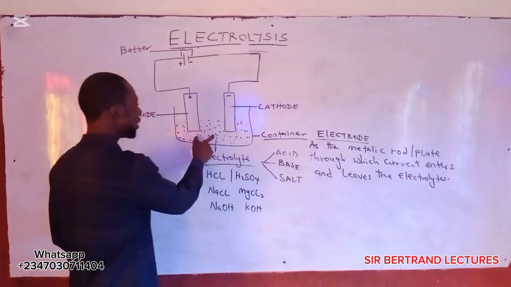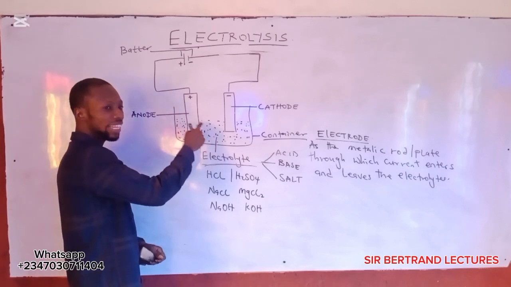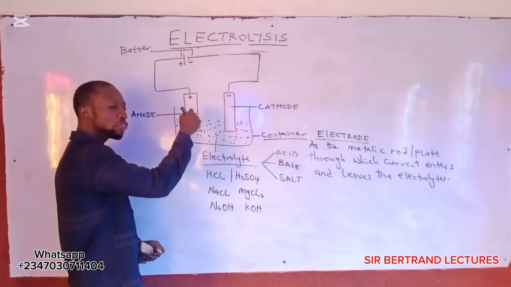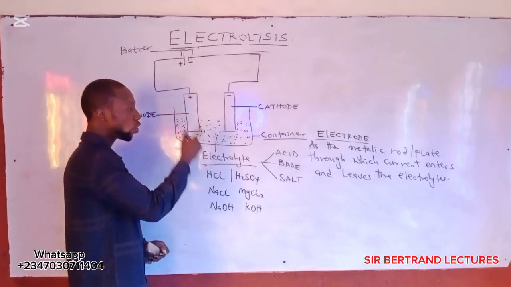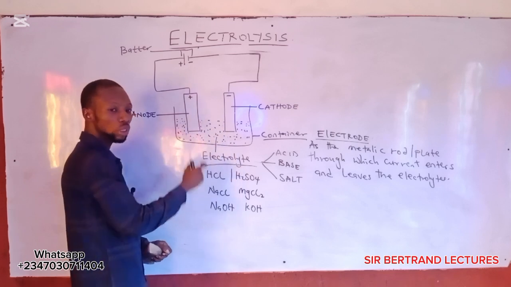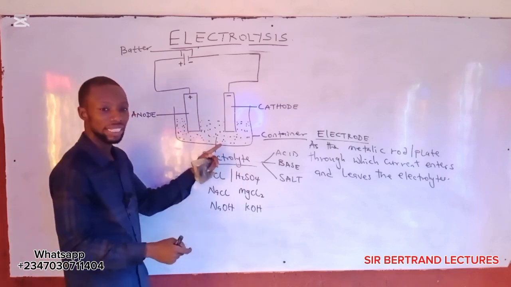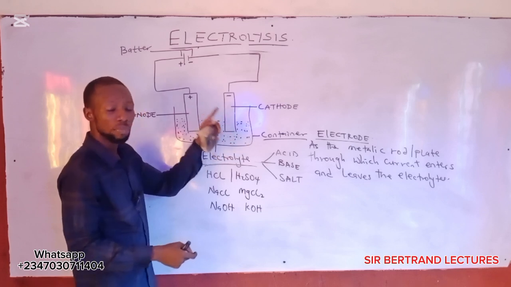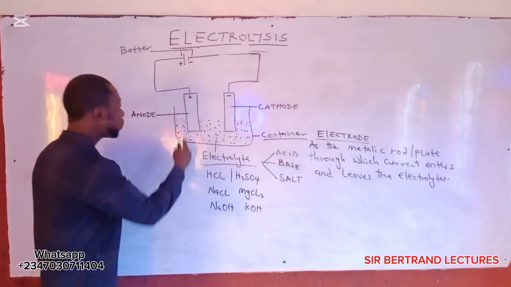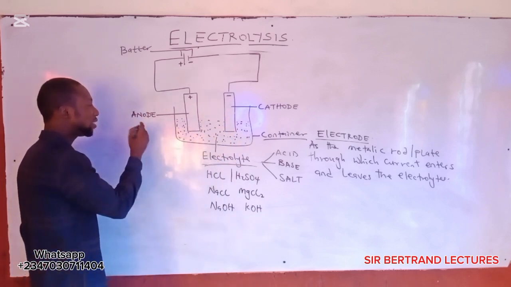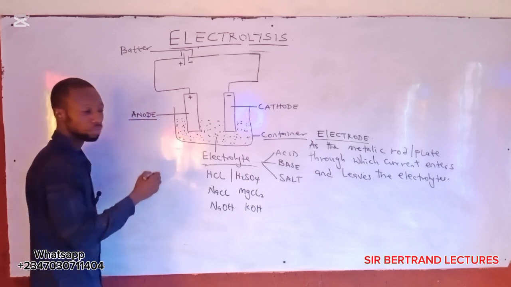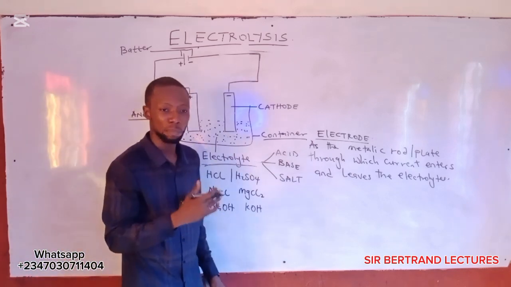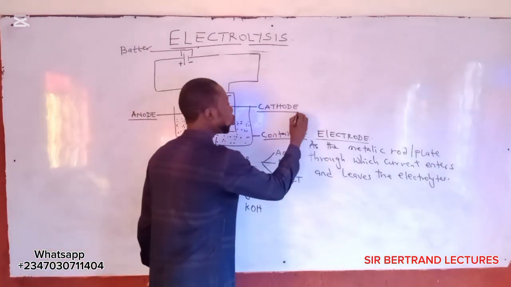Here is the electrolyte. Current enters the electrolyte through the positive metallic plate, and current leaves the electrolyte through the negative metallic plate. This positive metallic plate is described as the anode, while the negative metallic plate is described as the cathode.